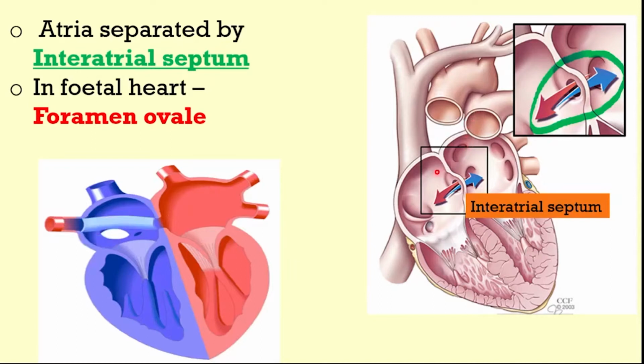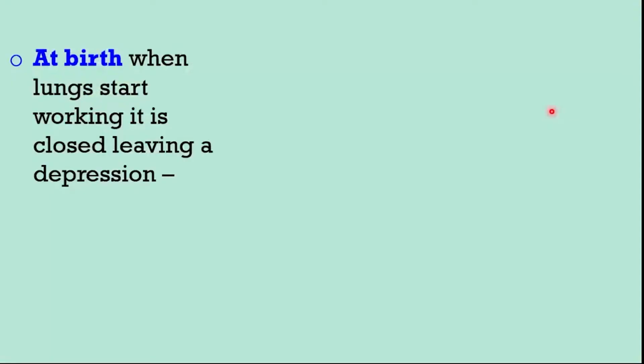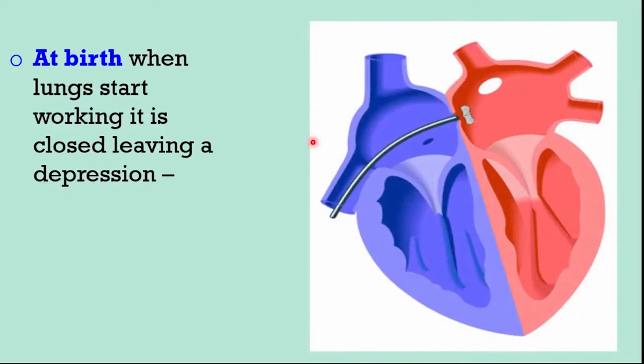When the baby is born and lungs become functional, the pressure inside the heart usually causes the foramen ovale to close. Normally, foramen ovale closes at birth when the lungs become functional. There remains a scar or depression at the location of the foramen ovale.